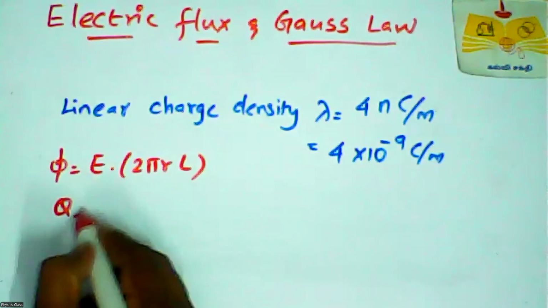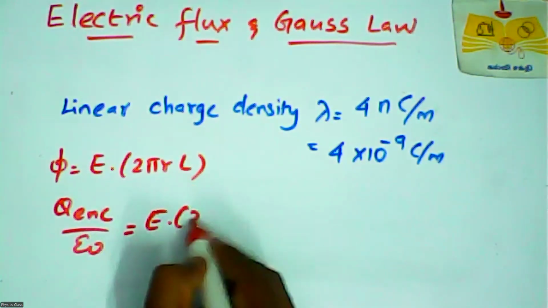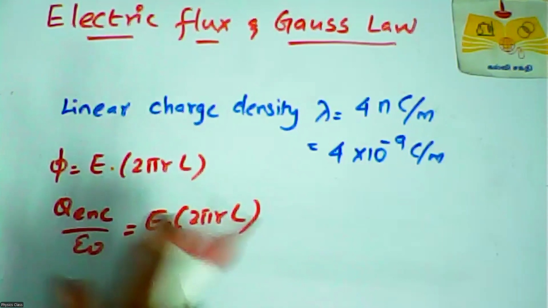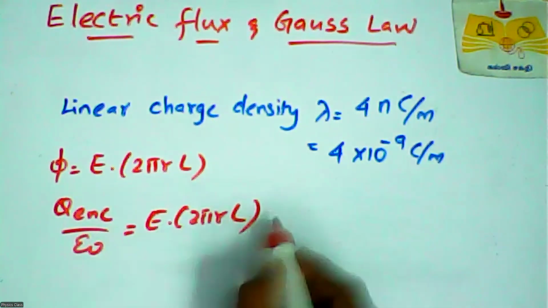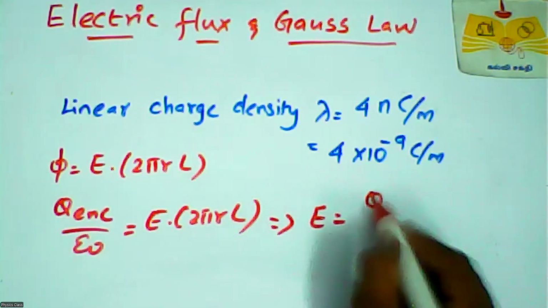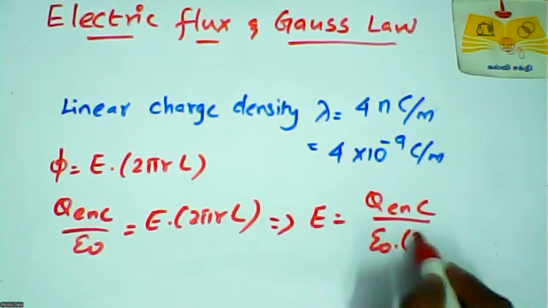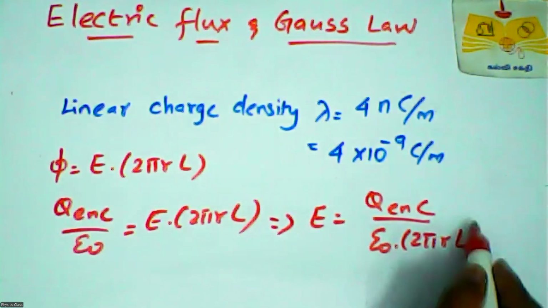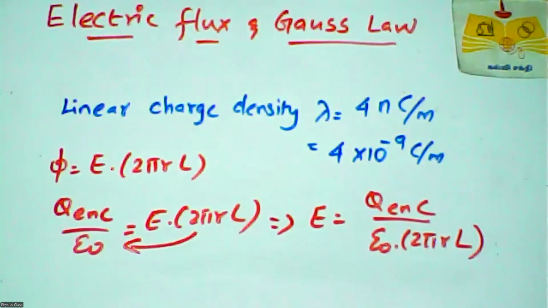So Q enclosed by epsilon naught equals E dot 2 pi r L. We have to find E. So E is equal to Q enclosed by epsilon naught into 2 pi r L.